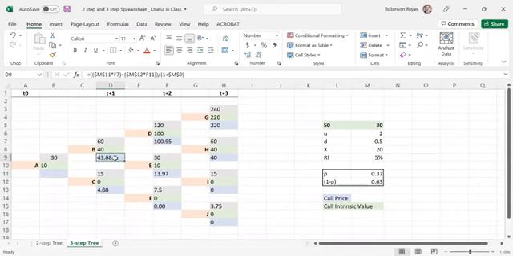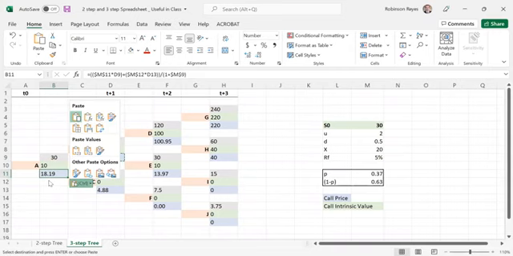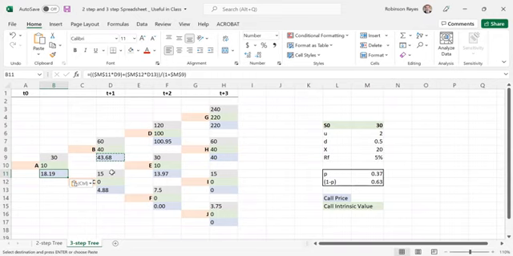And then finally we copy. We're just copying and pasting. We copy it in the last of the nodes, where we are using the prices we have obtained for nodes B and C. So once again, we're not considering the intrinsic values, in green. We are considering the call prices, which are in blue.